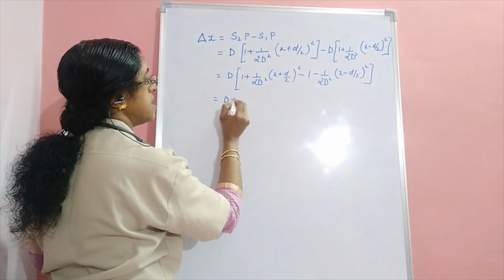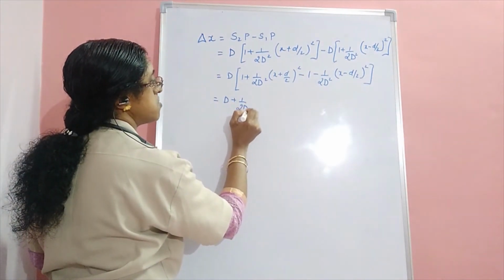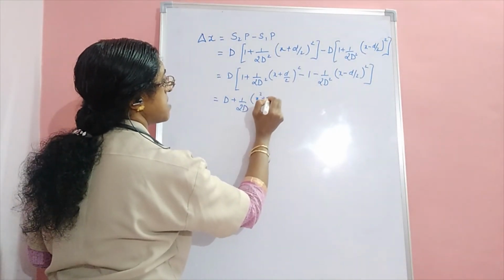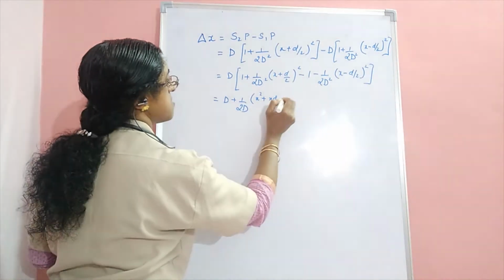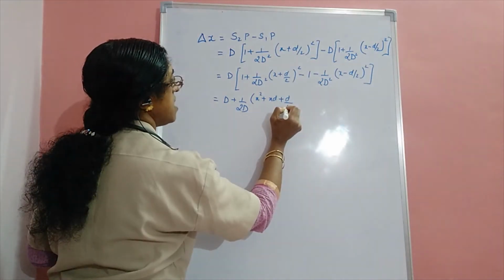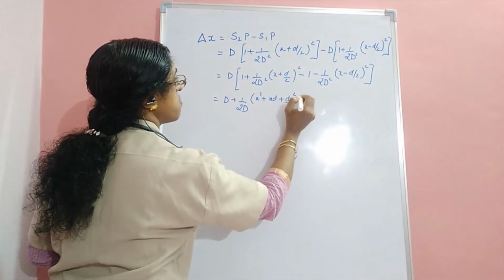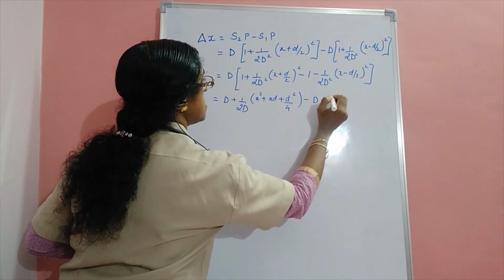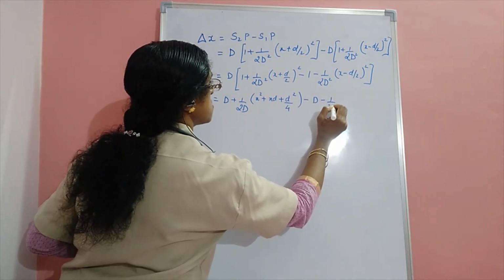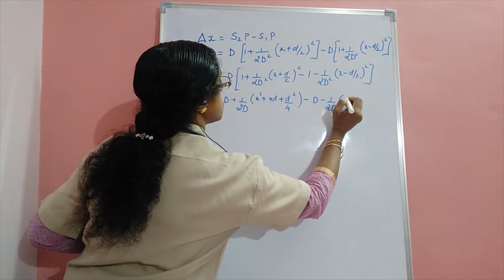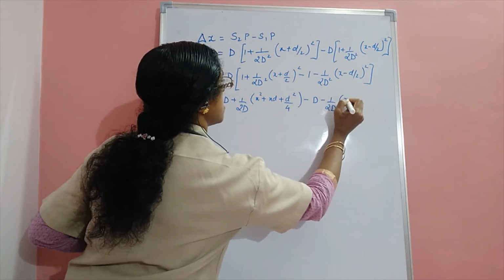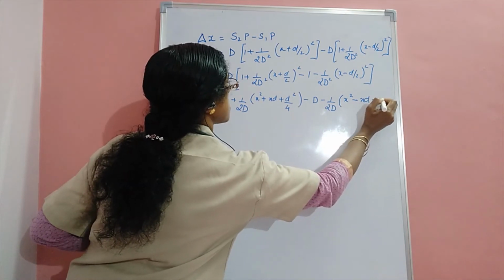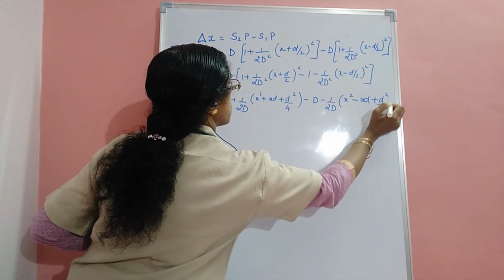d plus 1 upon 2d into x square plus xd plus d square by 4, minus d minus 1 upon 2d into x square minus xd plus d square by 4.